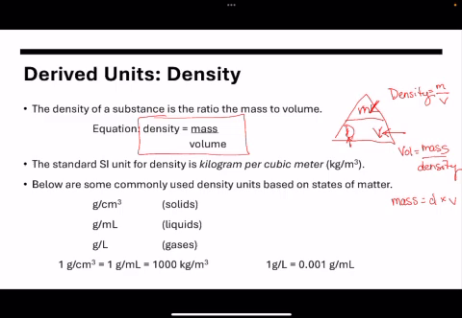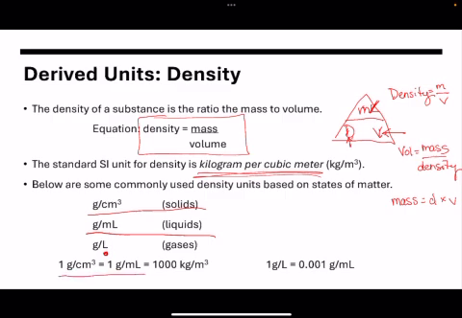So the SI unit for density is kilograms per cubic meter, but that is often not the one that we use. Most often in the lab, we will use grams per cubic centimeter for solids, grams per milliliter for liquids, and then for gases, because they often take up a much larger volume, we often use grams per liter.